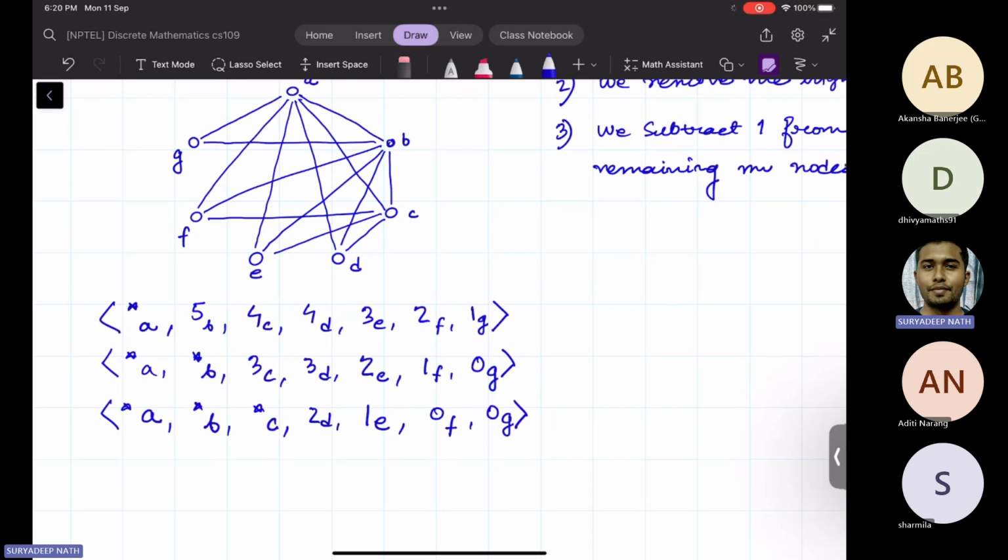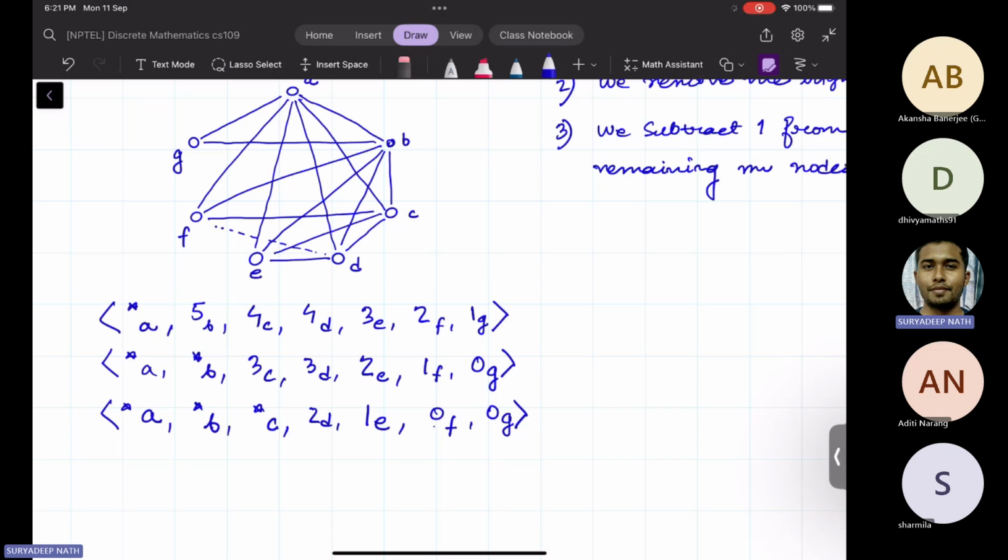Now from 2d we'll have to give two additional links from d. We can give one to e, but f is 0, so we cannot. We have to give out two extra edges from d to the remaining nodes. The remaining nodes after d are e, f and g.